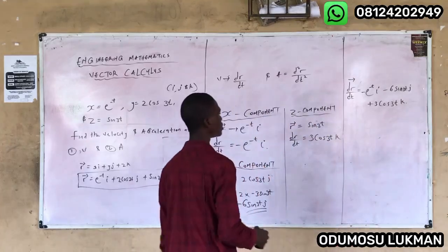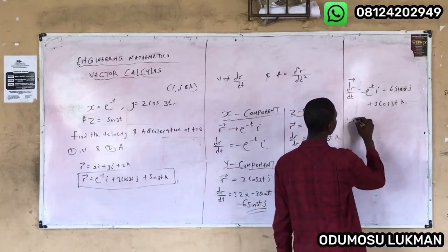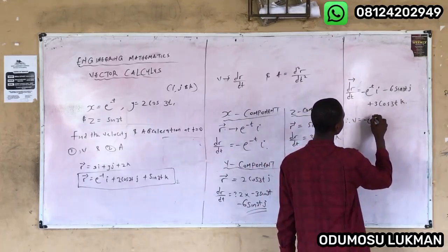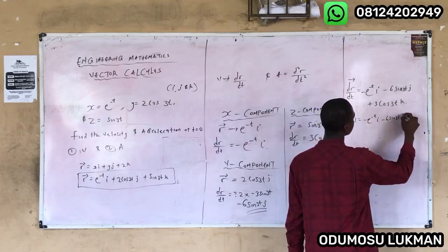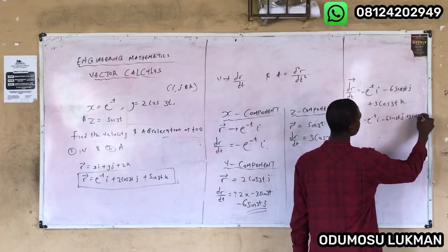So this is the velocity. So therefore, velocity is equal to minus exponential minus t i minus 6 sine 3t j plus 3 cos 3t k.